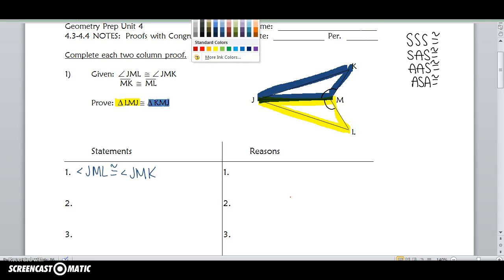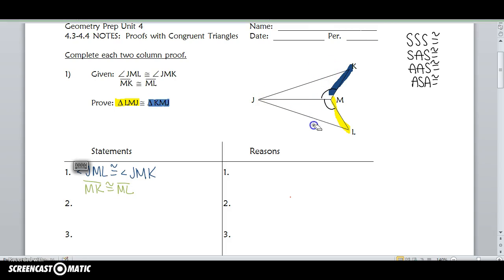So those two angles are congruent. The other piece of information we're given is that MK is congruent to ML. So I am going to use a green to show you that MK is congruent to ML. So right now we have a side and then we have an angle.